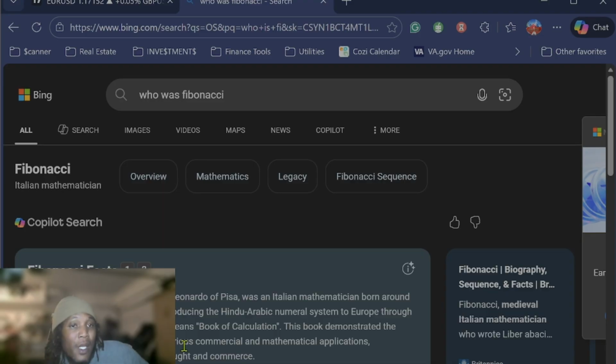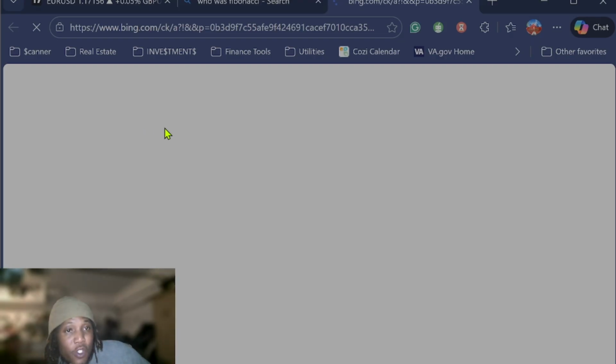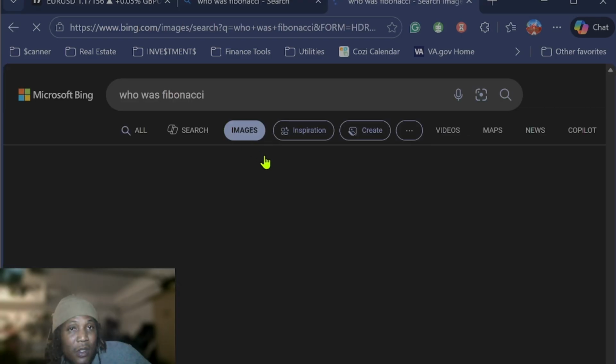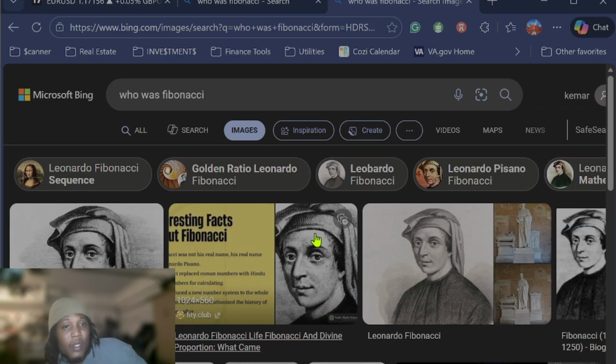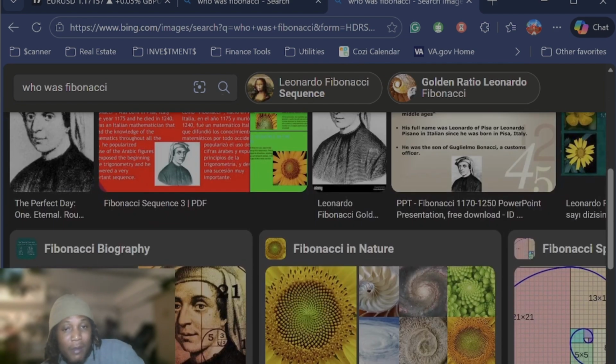And these things are also found in nature. So just by me hitting images, you might even come across some images. So that's how he's supposed to really look. And these images are the Fibonacci sequence that he predicts, right? And you have it in nature.